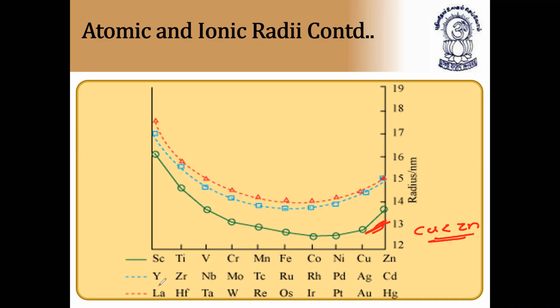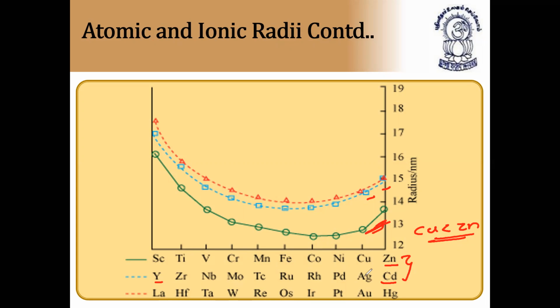Next for the 4d and 5d series, 4d is yttrium to cadmium. The atomic radius decreases gradually, and finally it increases up to cadmium due to completely filled electrons. In zinc and cadmium, due to completely filled electrons, the shielding effect is less. So they have more atomic radius than their predecessor element.